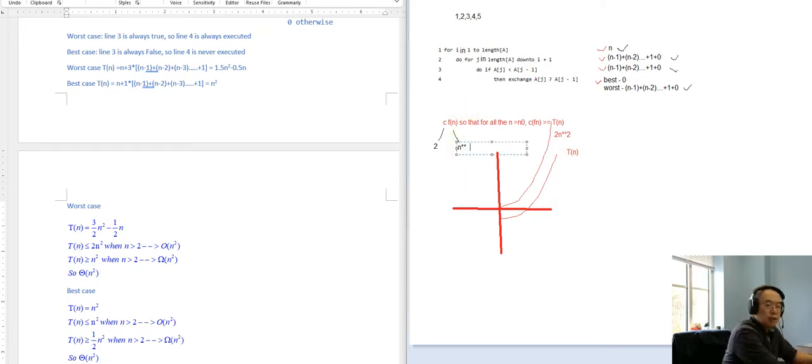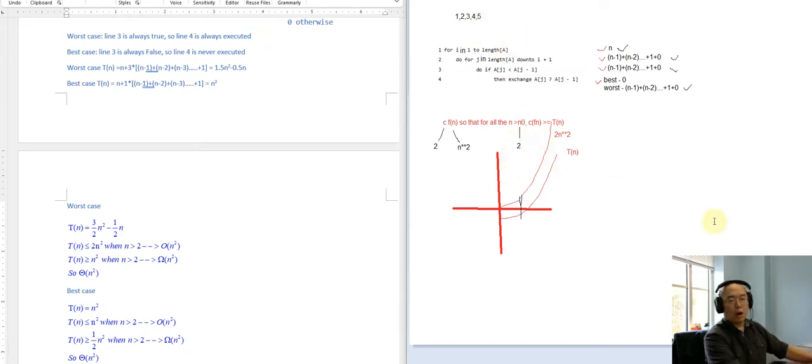And then what is the n0? I do have to specify an n0. So in this case, I'm just going to say, okay, after 2, for example, the new curve is always going to be higher than the T(n) curve. So in this case, this n0 is going to be 2.